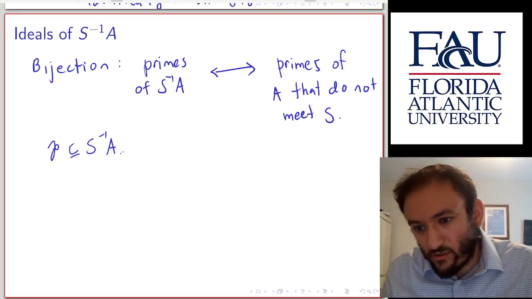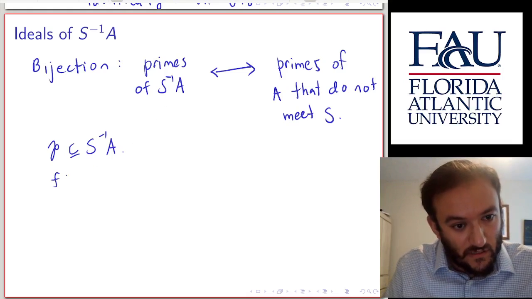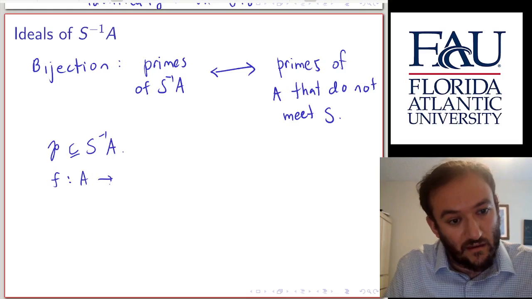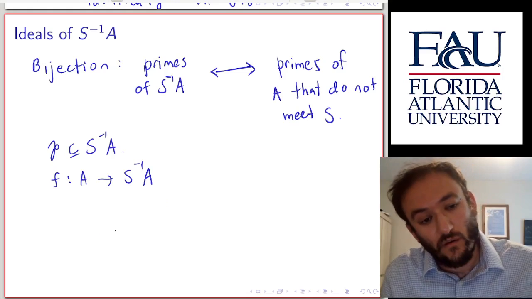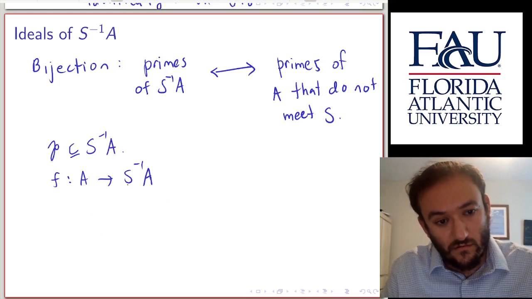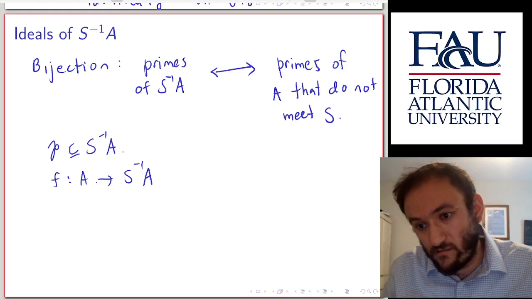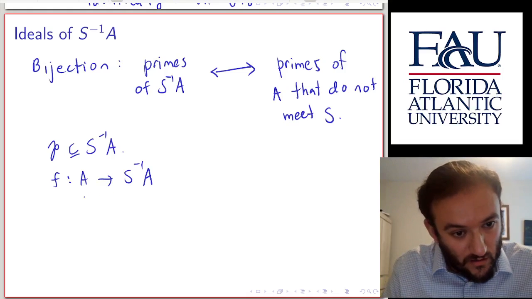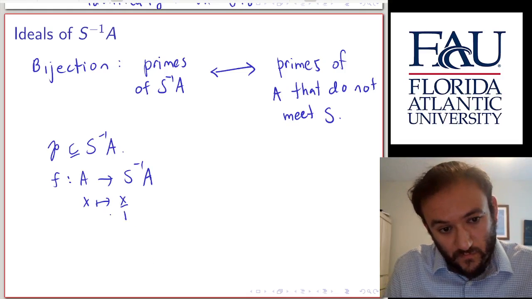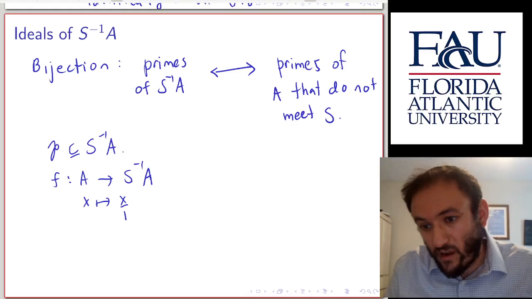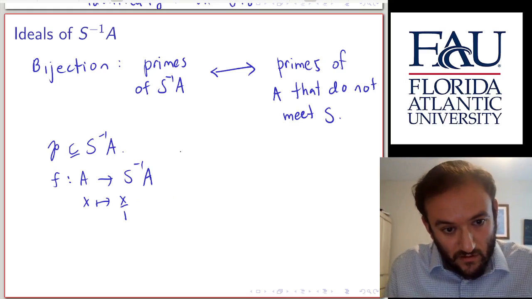there's a natural homomorphism f from A to S inverse A, which just maps x to x over 1. So if you have a prime ideal here, then you can just take the preimage under f.